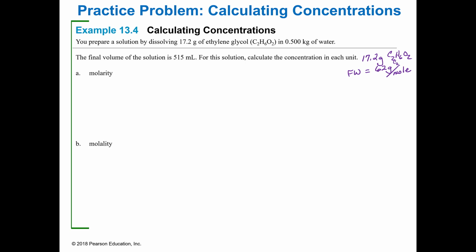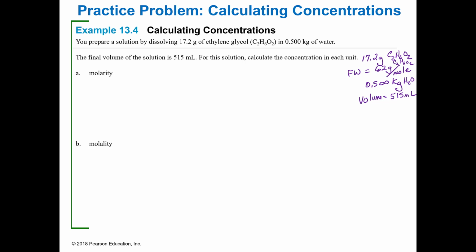It tells us that the water, which is the solvent, you have 0.500 kilograms of water. You have a final volume of 515 milliliters, and then it wants you to calculate these different concentrations on this page.